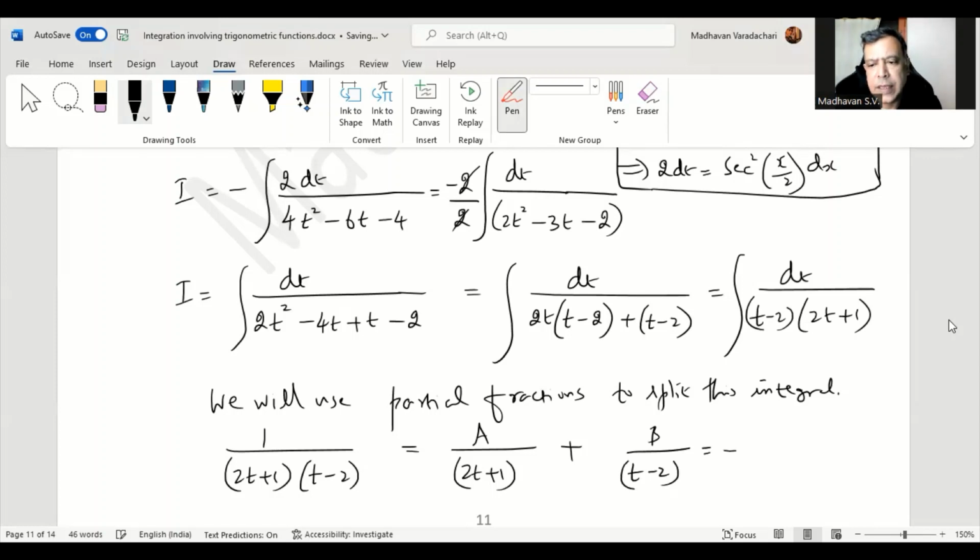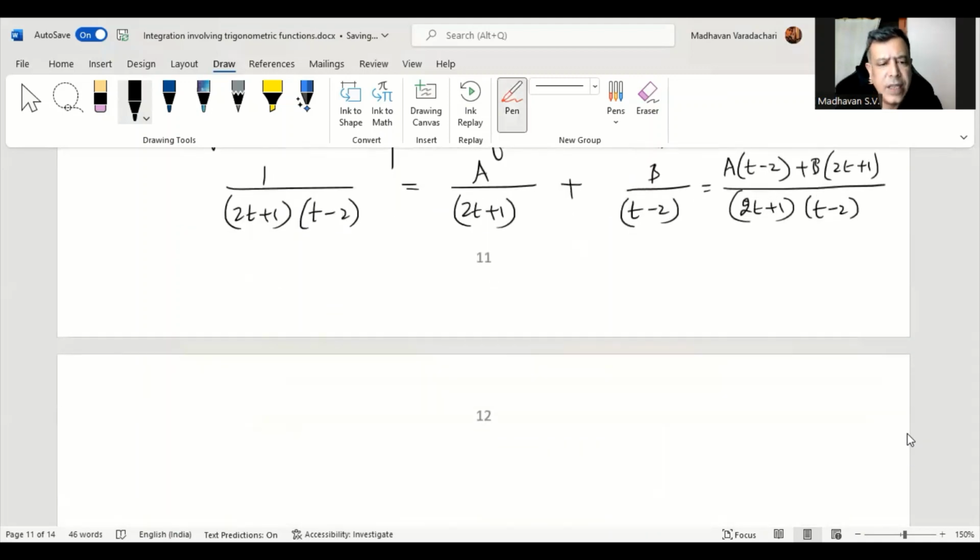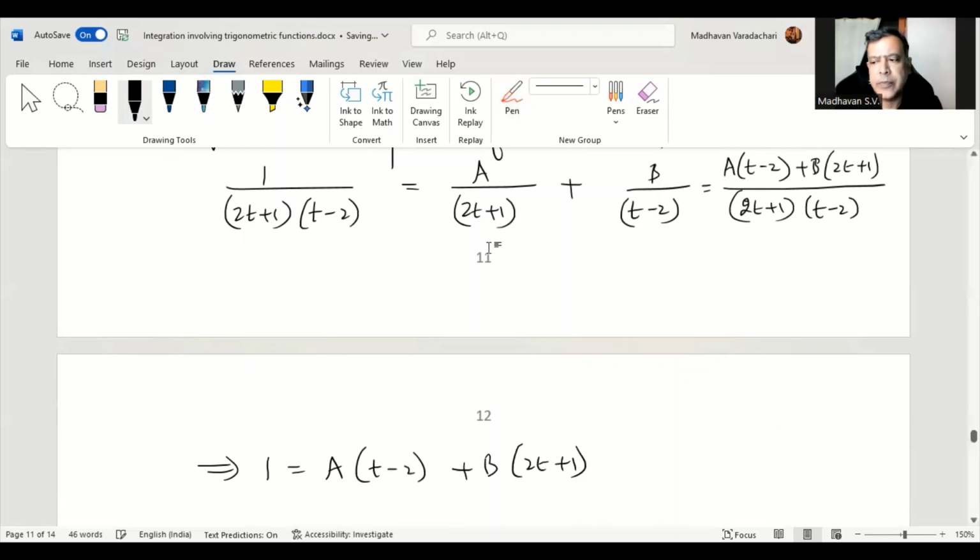So if I take the LCM in the right hand side, it is 2t plus 1 into t minus 2, numerator a times t minus 2 plus b times 2t plus 1. Now in the left hand side and the right hand side, denominator is common, so we can equate the numerators. It means 1 is equal to a times t minus 2 plus b times 2t plus 1.